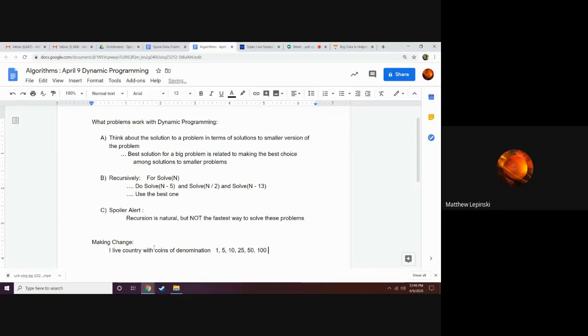So if I have dollar coins, 50-cent pieces, 25-cent pieces, dimes, nickels, and pennies, how do I make change?